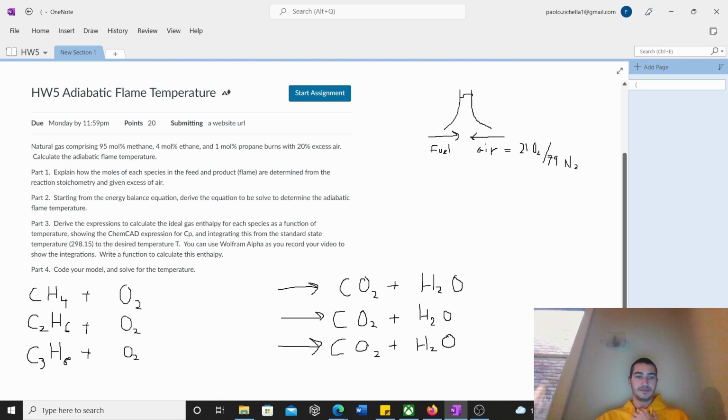Then from here, we can start putting in the nitrogen gas. Even though the nitrogen does not do anything within these equations, we need to represent it. We need to show that it is a part. So as you can see here, we'll add the mole fraction of 79/21 of the nitrogen gas. We'll be adding this to both sides of the equation.